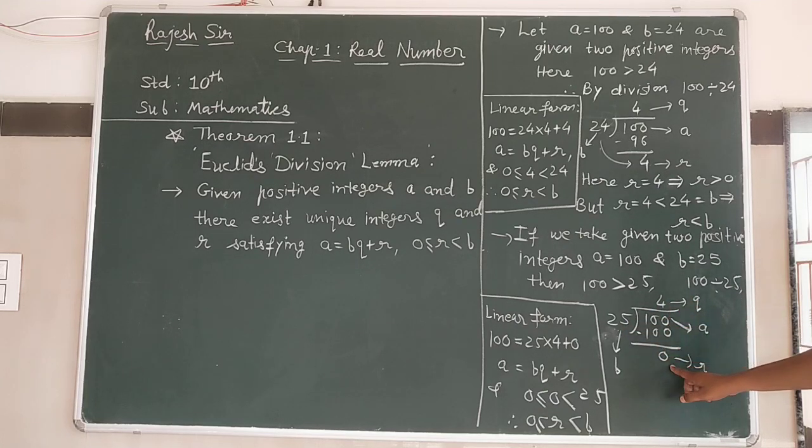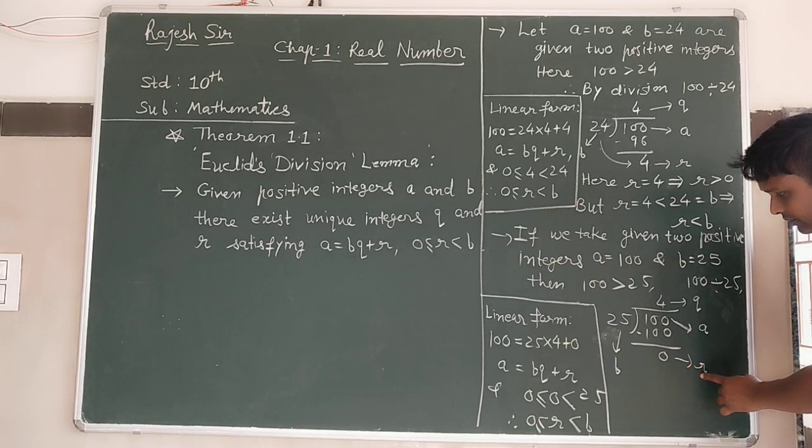So 100 minus 100 is 0. Again we assign everything the same way: the dividend as a, divisor as b, quotient as q and remainder as r. Here you can see that the remainder is 0.